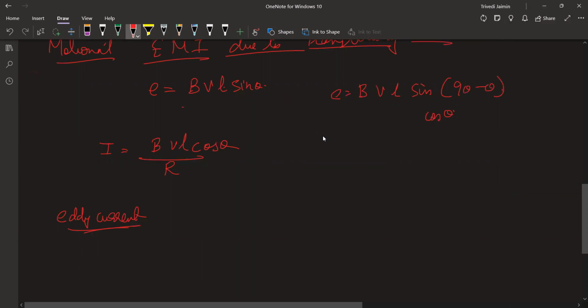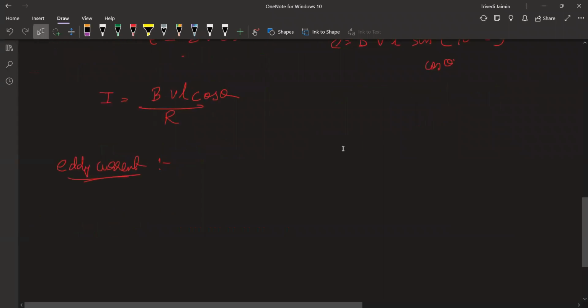They both are this angle. That side is cos theta. Yeah. What is eddy current? I'm just doing a roundup of this chapter so that we can recall everything you have studied.